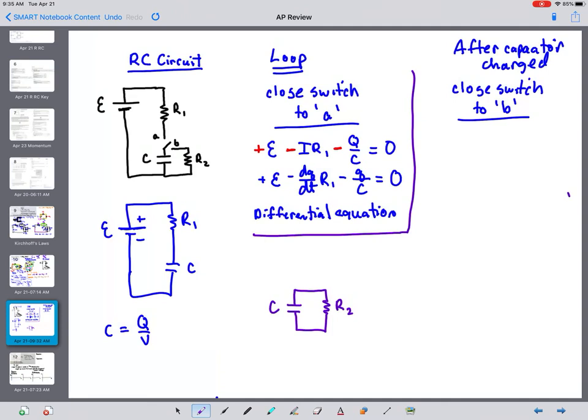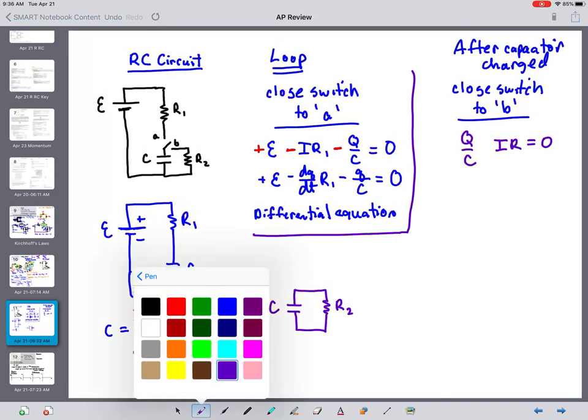So our loop rule equation, when we close it to B, is just the capacitor, Q over C, and the resistor, I times R, and our total is 0.